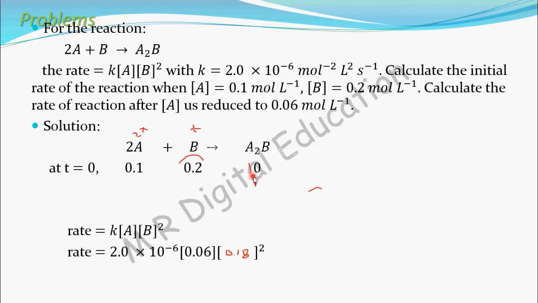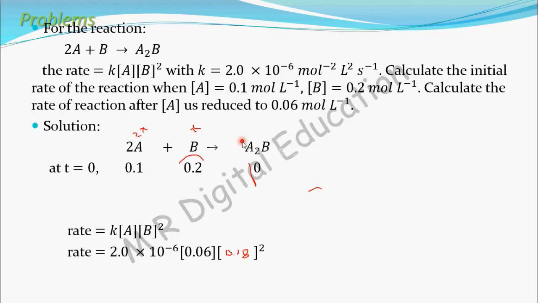And at that time product A2B will be 0, because at the start of the reaction there will be no product, only reactants. As time goes, as the reaction goes, A and B will react to give product A2B.